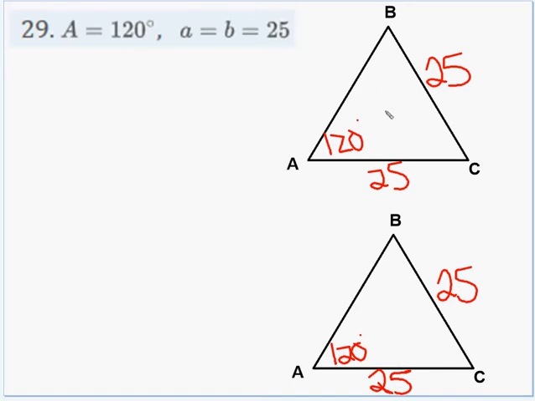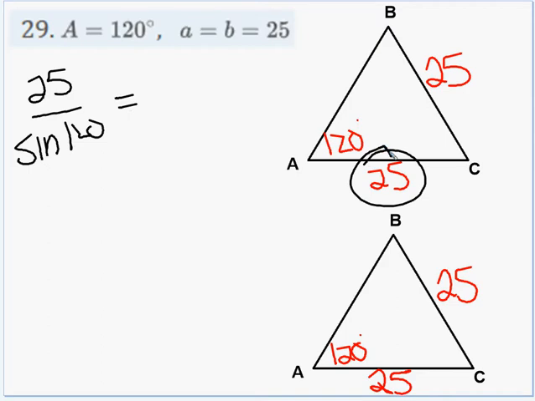So here's our setup, and if we look at our top triangle, we've got one side and the angle across from it. So that will be our first fraction, 25 over the sine of 120. And that's equal to the other side we have, 25, but we don't know the angle across from that, B, so we'll just set that up as 25 over the sine of angle B.